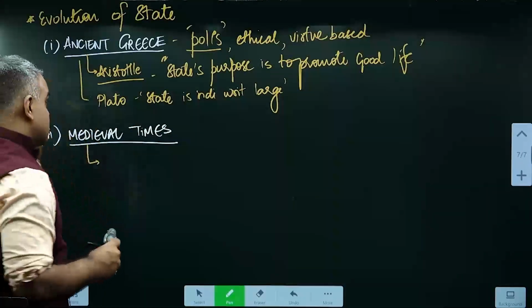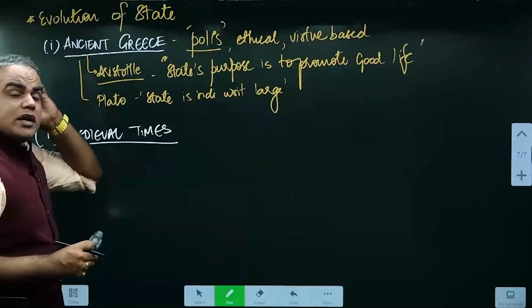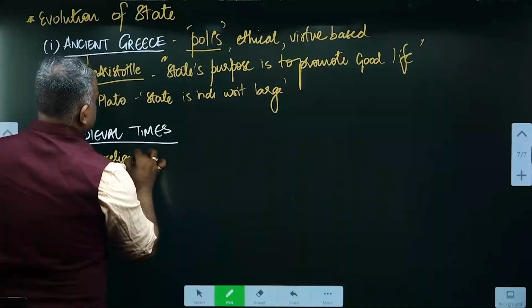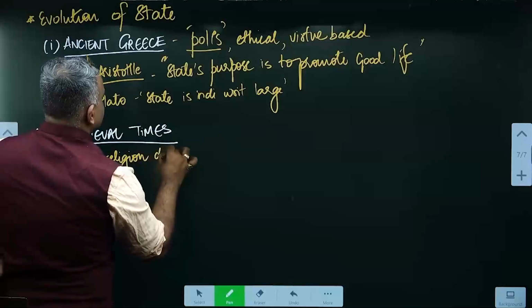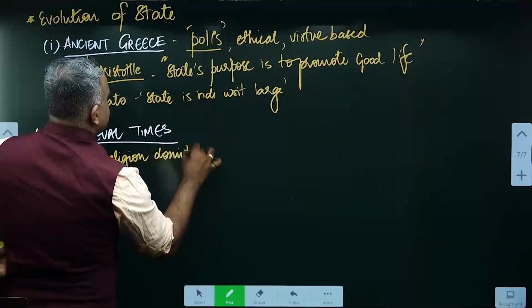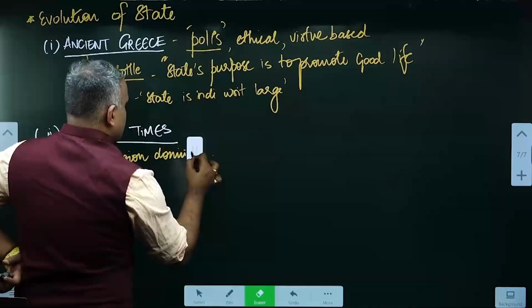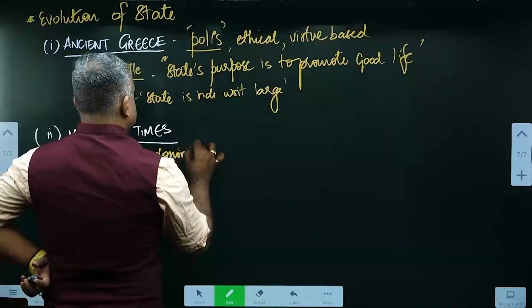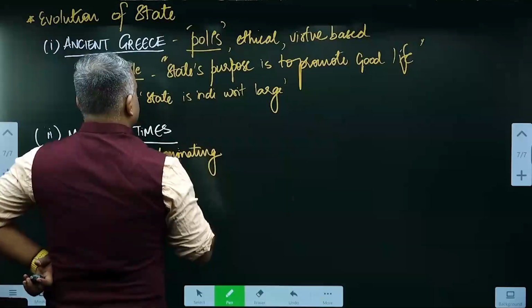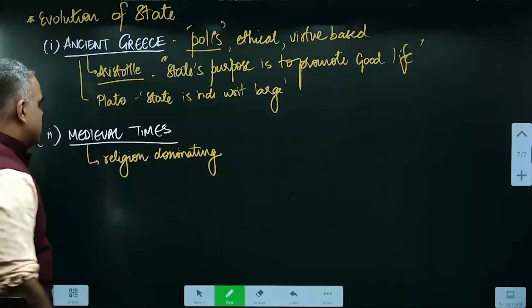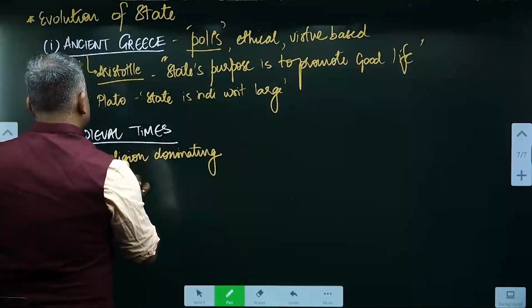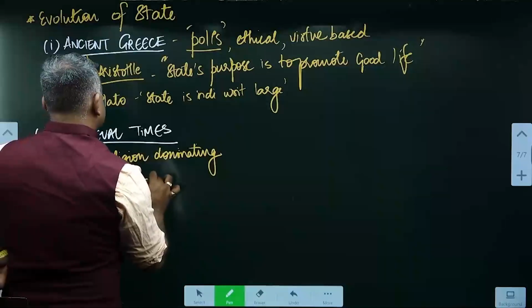Now, was the state totally sovereign? No. In many cases, we will see the religion dominating. Second, we had seen the emergence of divine rights theory.